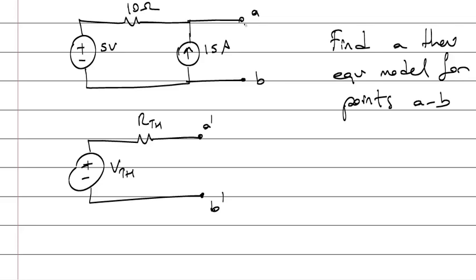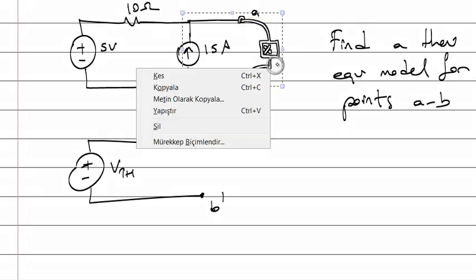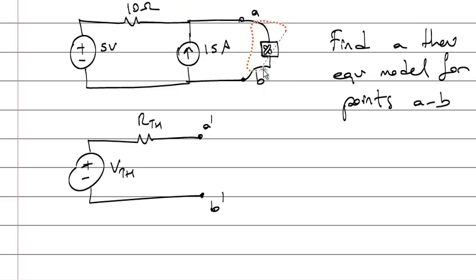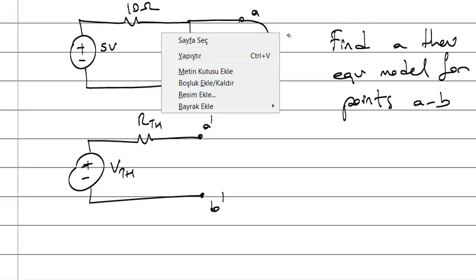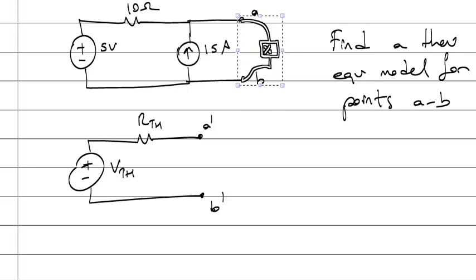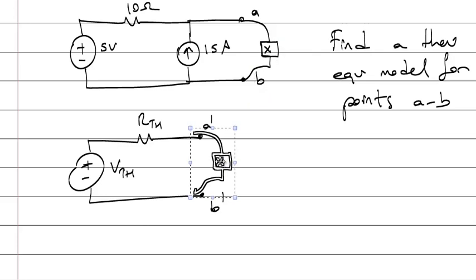For example, if you connect a component X here, and then you remove that component and connect it here, the component X cannot understand that it's connected to a different circuit.